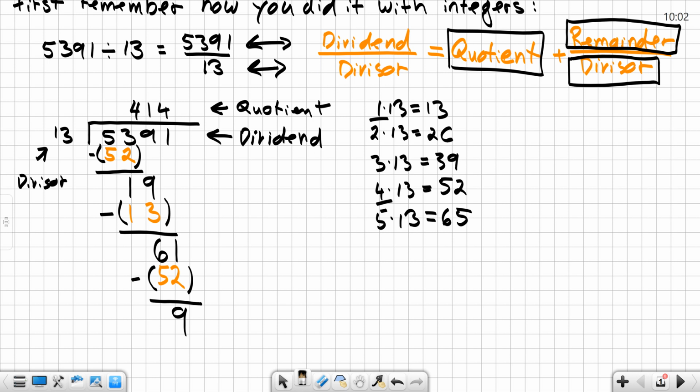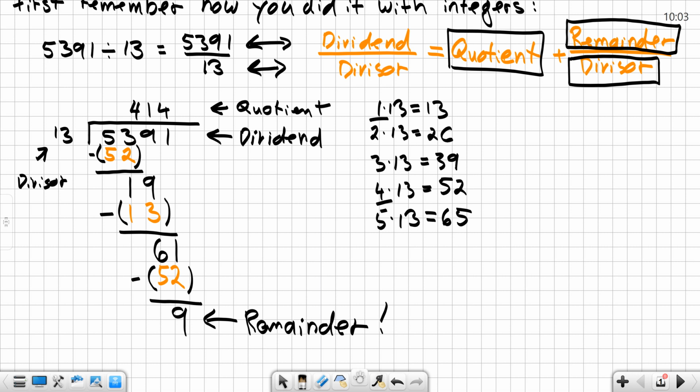Now I look, and 13 does not go into 9 anymore. This down here is our remainder. In other words, 13 was not a perfect factor of 5,391. There was a little bit left over.